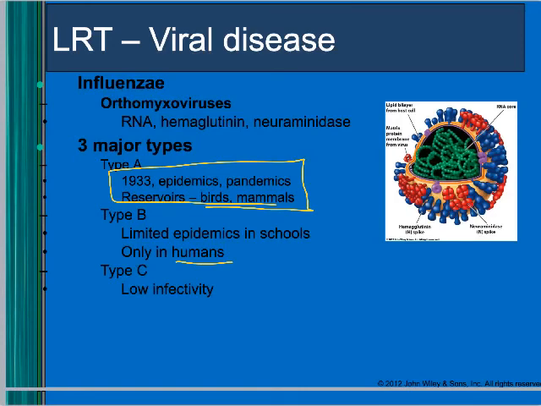With type A, they worry about it going from an animal to people, and about recombination of 2 different type A's to give us something that we haven't seen before.